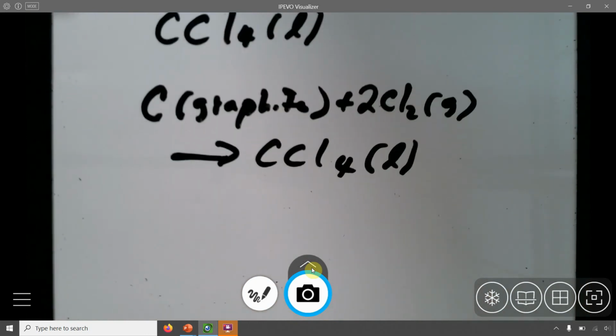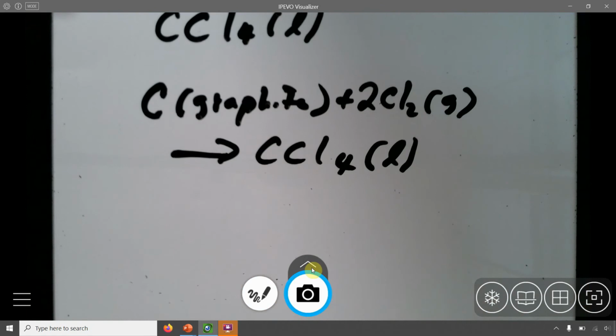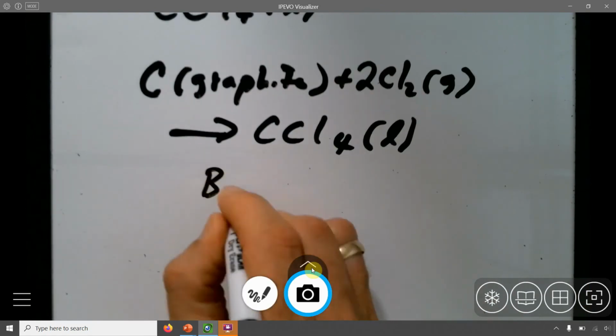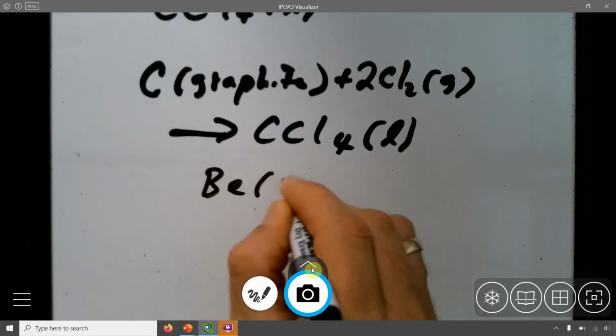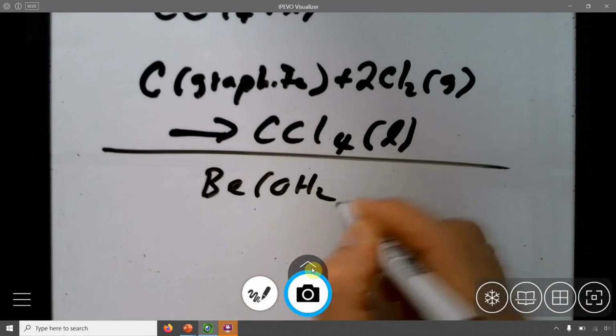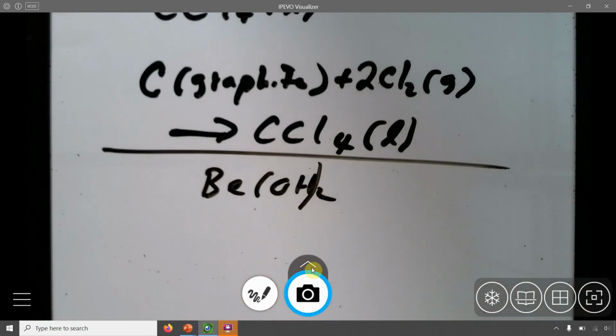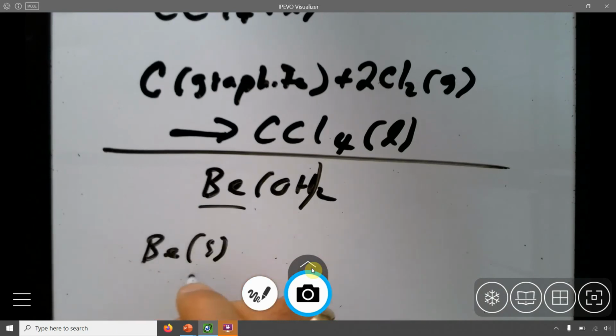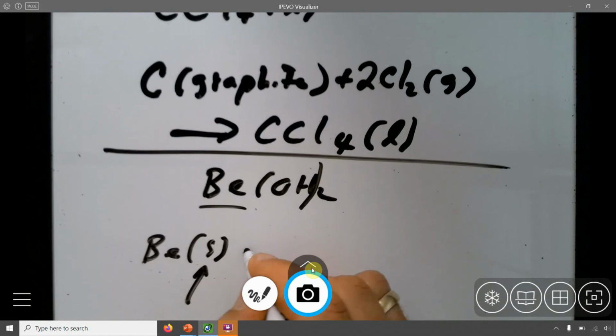If I want to do beryllium hydroxide. Again, the most stable form for beryllium would be just regular beryllium, solid. So you want to make sure that you're writing the correct state.